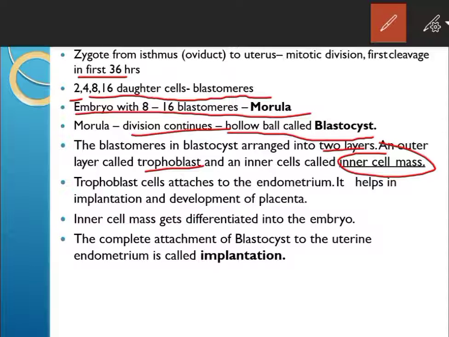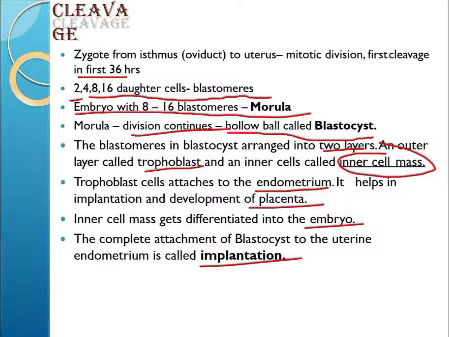The trophoblast gets attached to the endometrium layer of the uterus, and it helps in implantation and also in development of the placenta. The inner cell mass gets differentiated into embryo, and the complete attachment of the blastocyst to the uterine endometrium is called implantation.